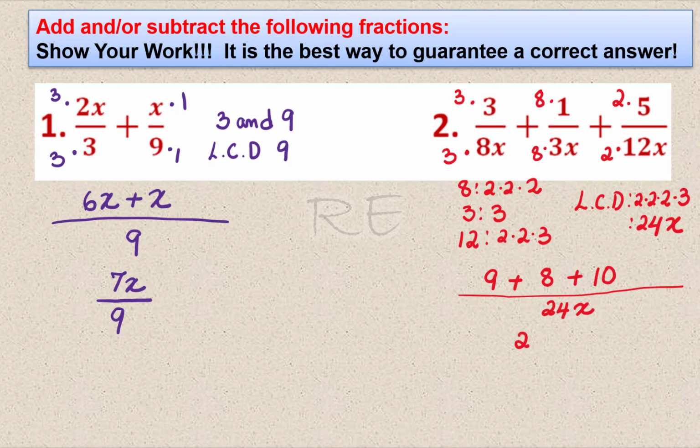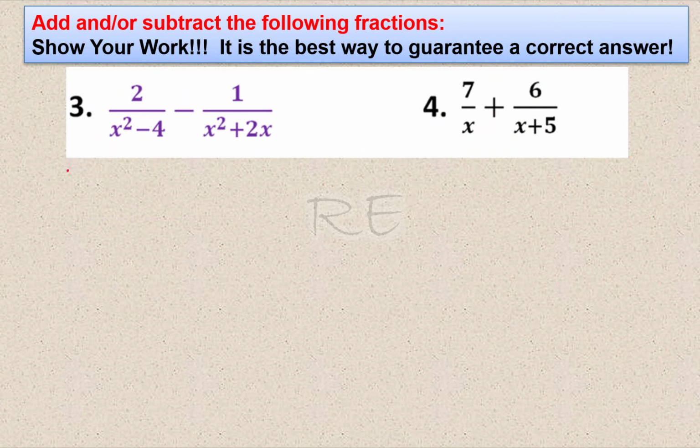The numerator becomes 27. The denominator is 24x. The greatest common factor is 3. 27 is 3 times 9. 24 is 3 times 8. So the 3 gets cancelled, and the final answer is 9 over 8x.